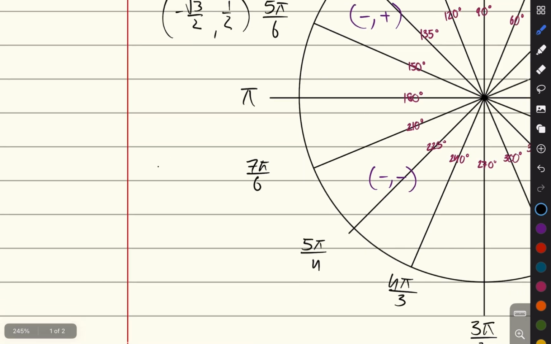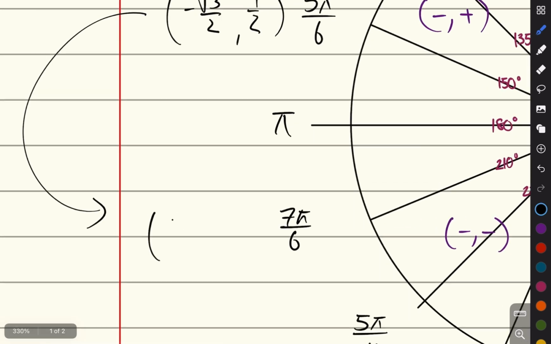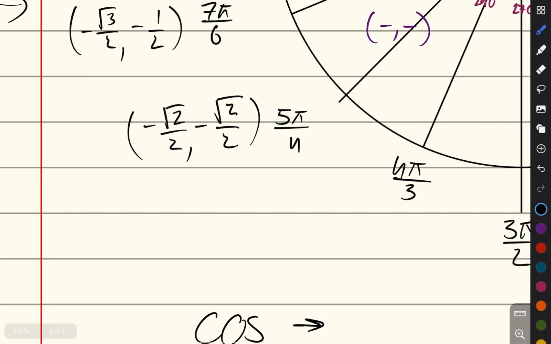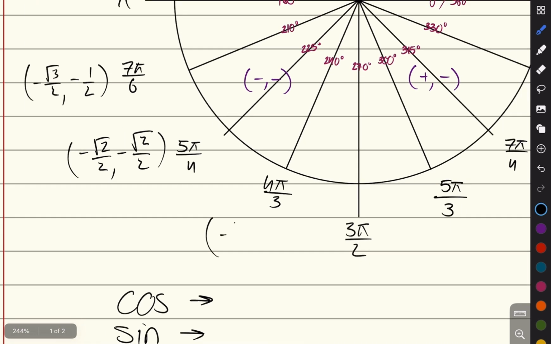And over here, we mirror this coordinate onto this, and we can get negative square root 3 over 2, negative 1/2. And right here would be negative square root 2 over 2, negative square root 2 over 2. And right here would be negative 1/2, negative square root 3 over 2.